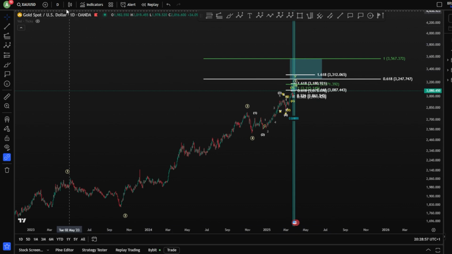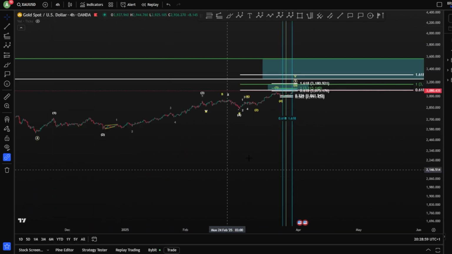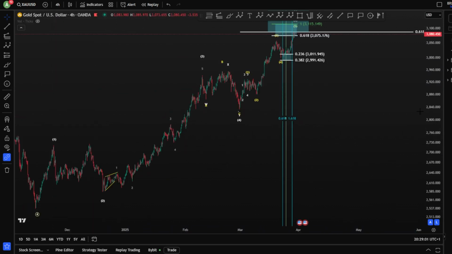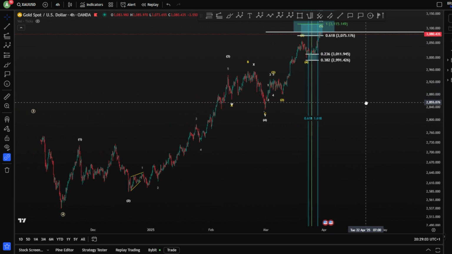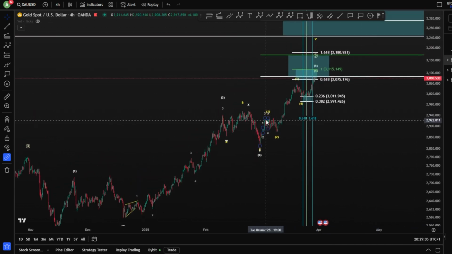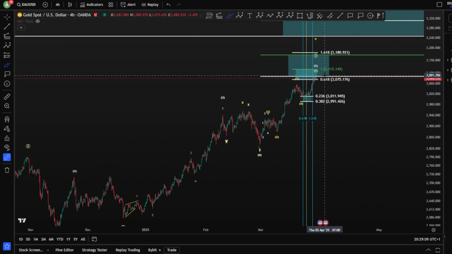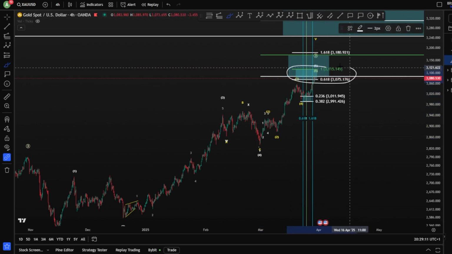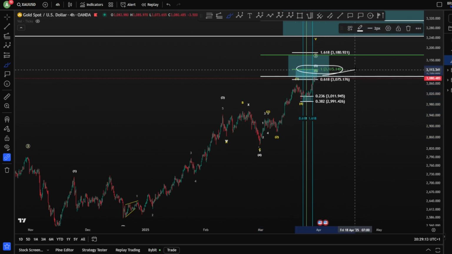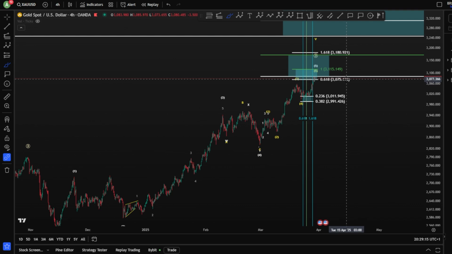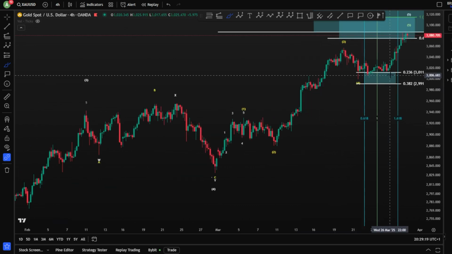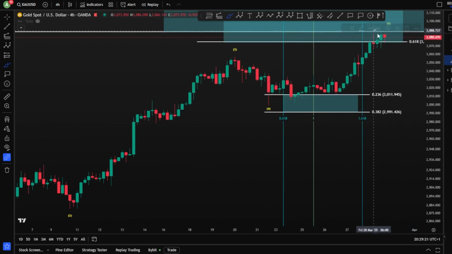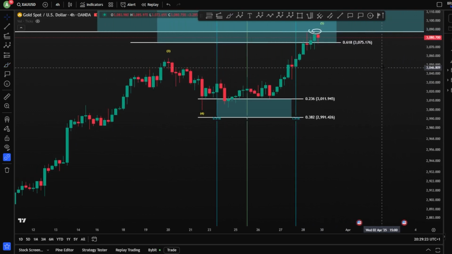And in confluence inside it, we have another target for this wave 5 as a small impulse where you have 1, 2, 3, 4, and a 5. And the confluence of this target, 1 to 1 and the 0.618, has been touched today finally, right? So we see finally the line has been touched here.